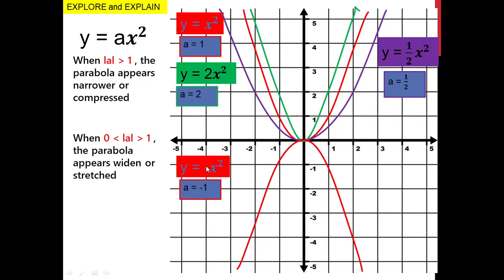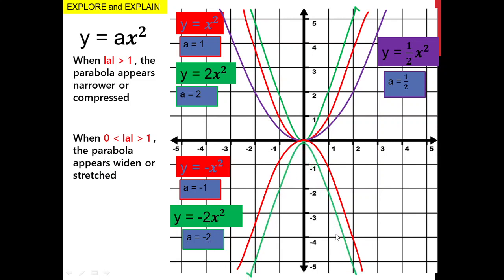This is still the same as our parent equation and parent graph. Now, when a is negative 2, y equals negative 2x squared, the absolute value of a is greater than 1, but since it's negative, the opening is downward, but still it is compressed or closer to our y-axis.